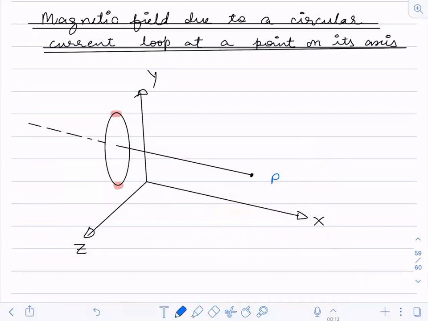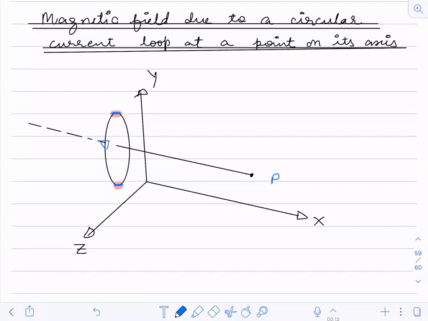This complete ring is having a current, and the current flows in this direction. Now, this is the element. What will be the direction of the current element?